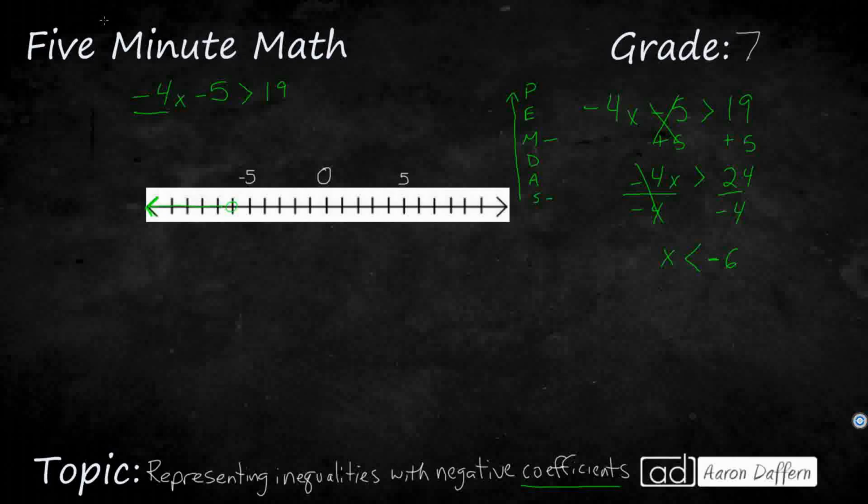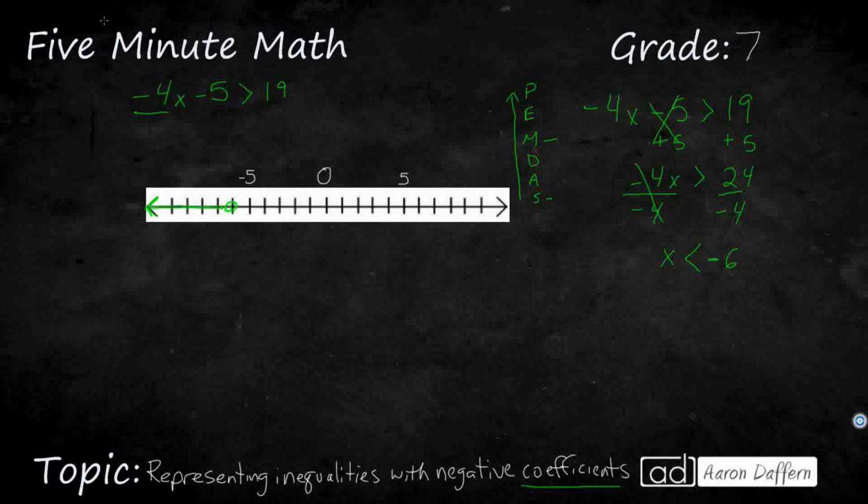Now, how do we know that? Because that seems weird. Why would we flip it? Well, that's just what happens when you divide or multiply with a negative coefficient. The best way to see whether we're right or not is to test it out, okay? So we're not going to use -6 because we're not including -6, but let's use a number less than -6.